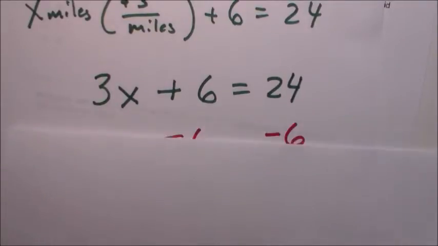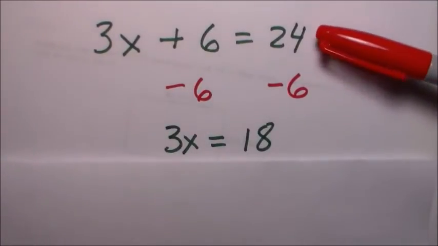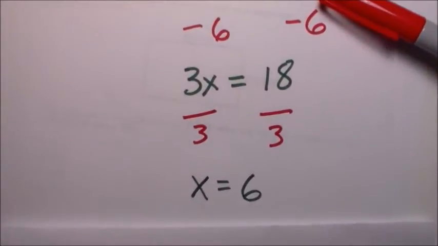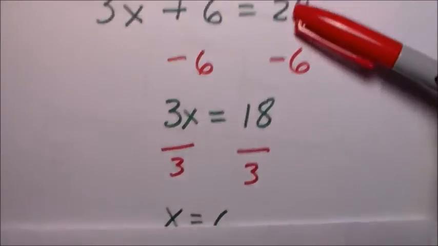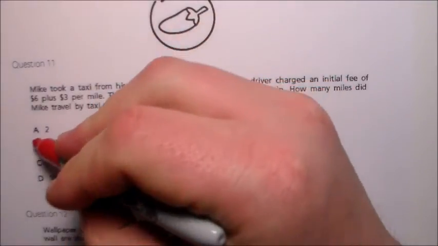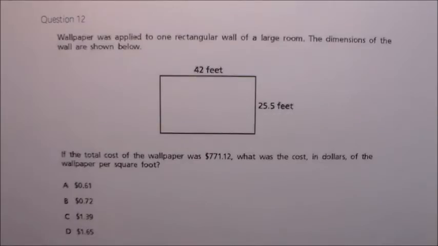Once we get here, we're good to go, because we just subtract 6 from both sides of the equation. We have 3X equals 18, because 24 minus 6 is 18. We just divide by 3, and we get our answer is 6, because 18 divided by 3 is 6. So it's B, and we're good.